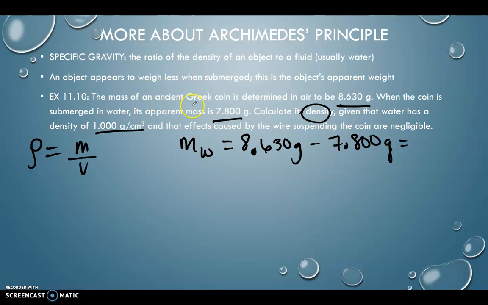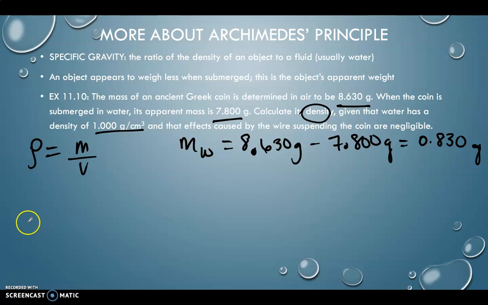When it's submerged, it's weighing less. So 8.63 minus 7.8 is going to be 0.83 grams. This is the mass of the water.